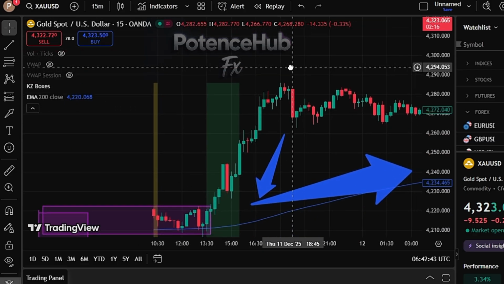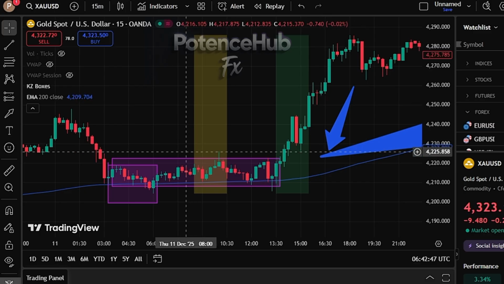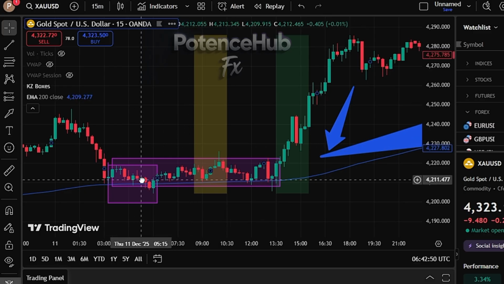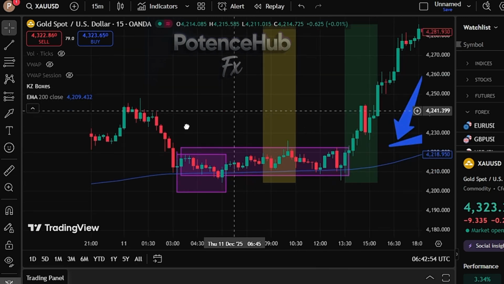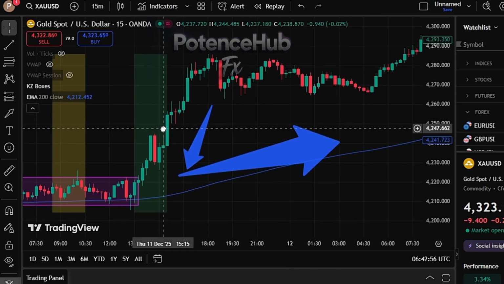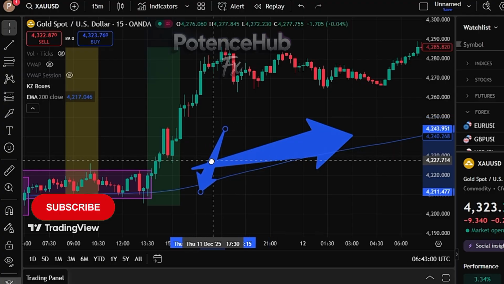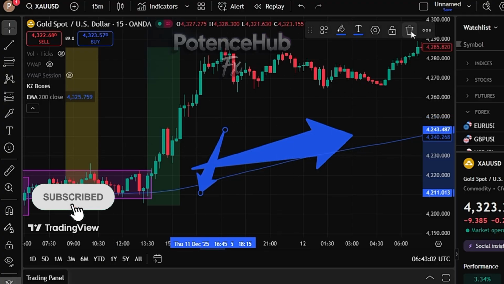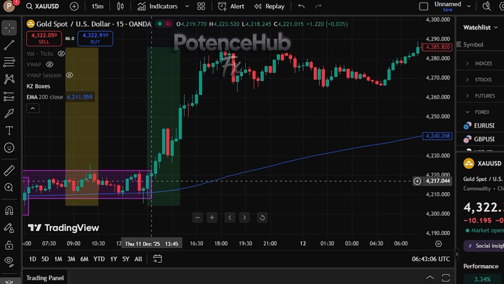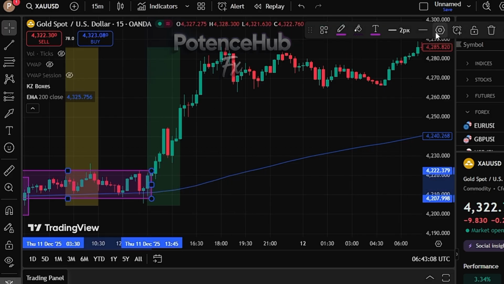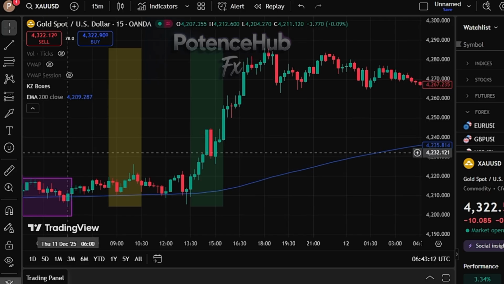All right, as you can see right here, this is a very beautiful market, and a couple of things we need to pay attention to when we talk about structures. Structures are very important, and when you're making use of structure, there are a couple of things you need to pay close attention to.